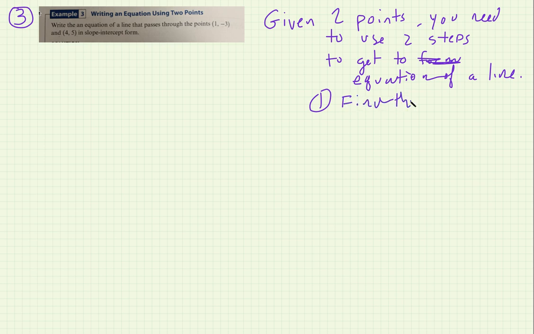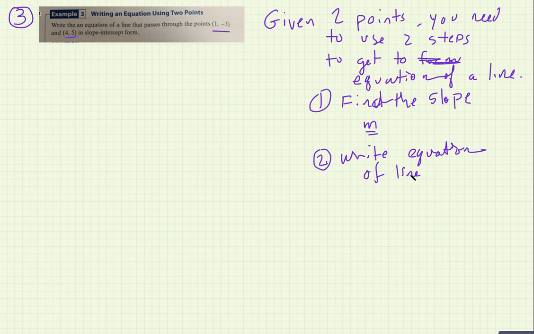Step 1, find the slope. Now notice if we find the slope, then we have m. And once we have m and we have a point, we can write the equation of the line. Step 2, write the equation of the line in point-slope form.